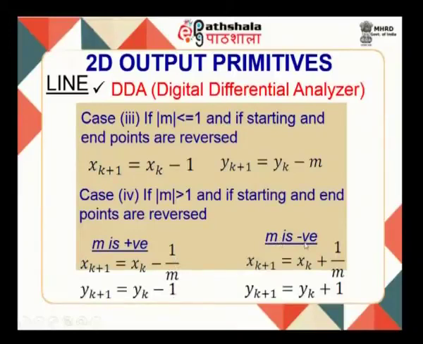For m negative, if mod m is greater than 1 and m is negative, either x or y will be decreasing, one of them will be decreasing, the other will be increasing. So, in this case you can consider this to be negative. So, y k plus 1 is equal to y k minus 1, or one of these will be negative, as I have represented here. So, you can correct this. One of these should be negative.